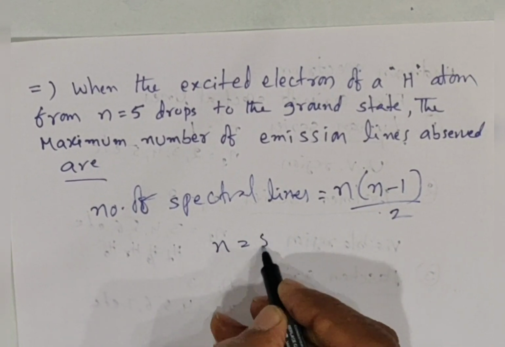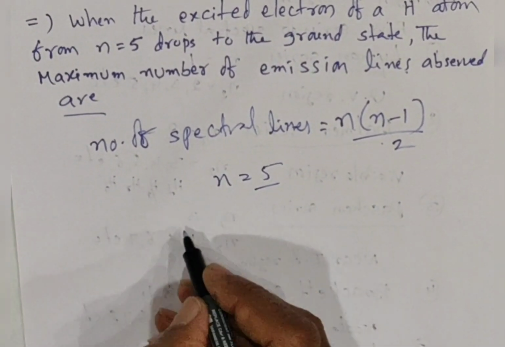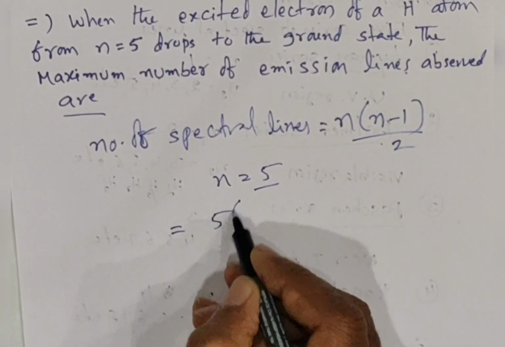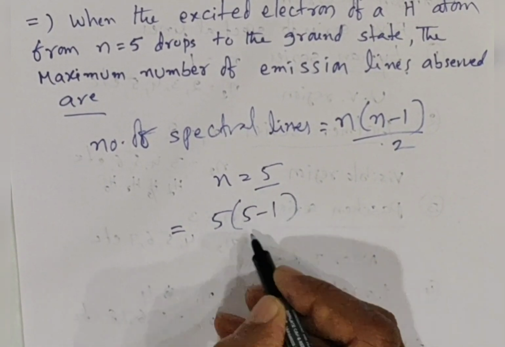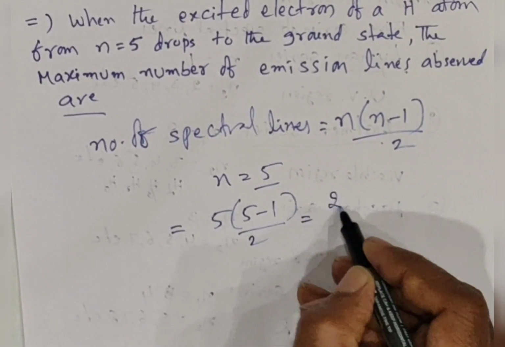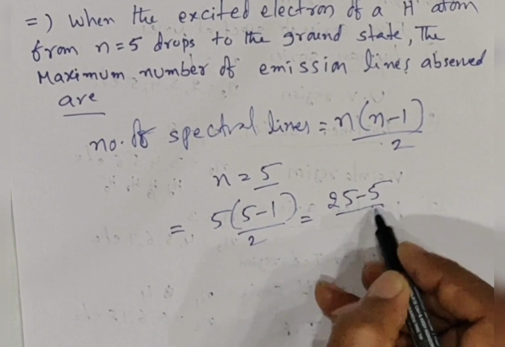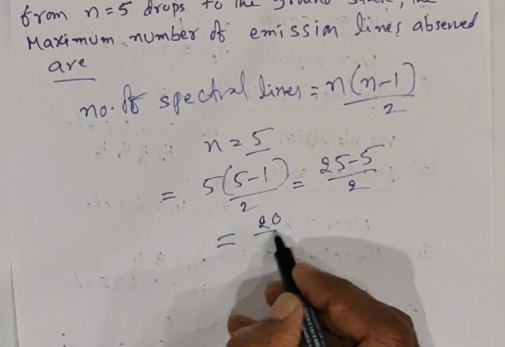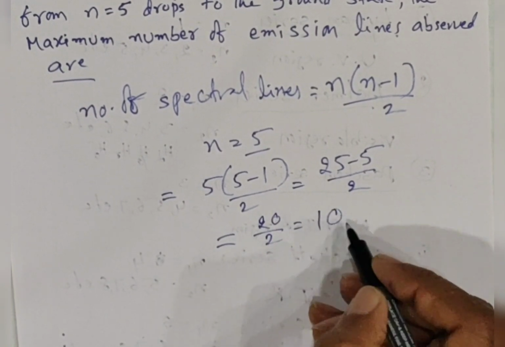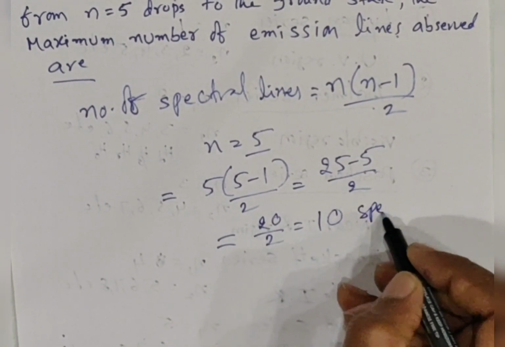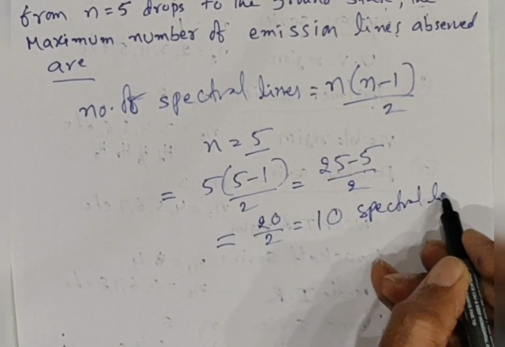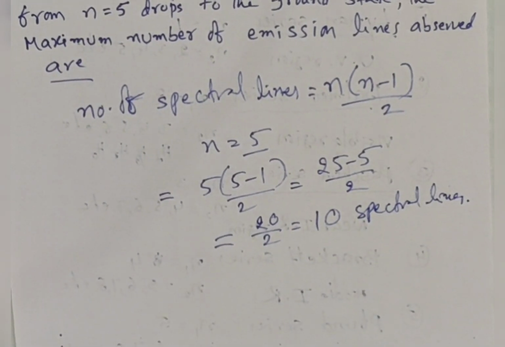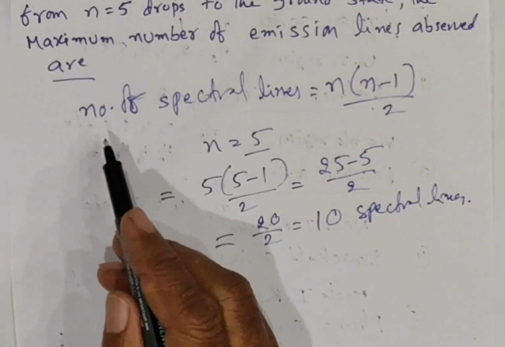Here n is equal to 5. Then that is equal to 5 into 5 minus 1 by 2, that is 25 minus 5 by 2, that is 20 by 2. Then we will get 10 spectral lines. This is simple and easy. You have to remember this.